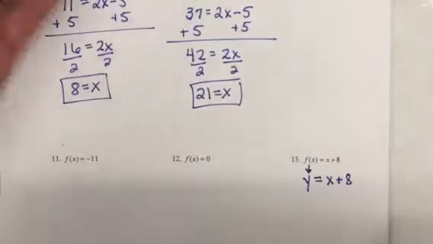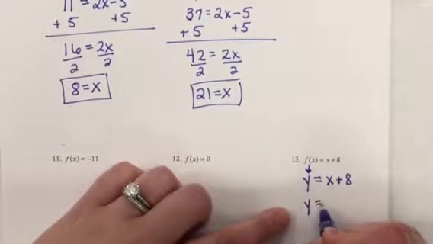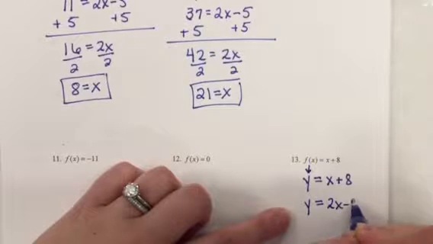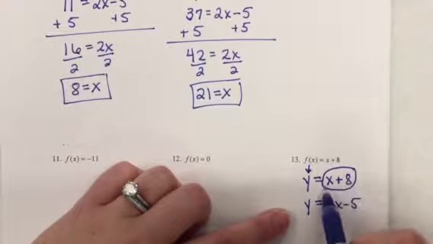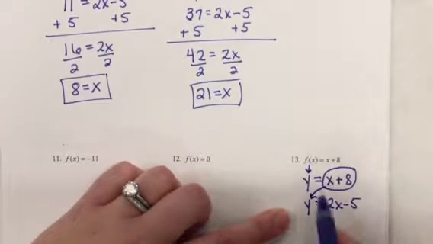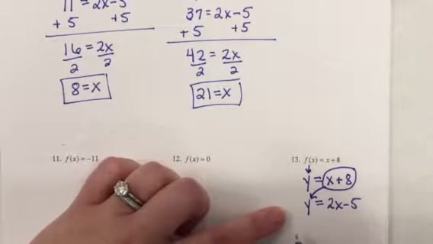Now I can pull the original problem from the top of the page. Y equals 2x minus 5. So now what I can do is I can take all of this and put it in for y. If y is equal to x plus 8, then x plus 8 can go in for y.